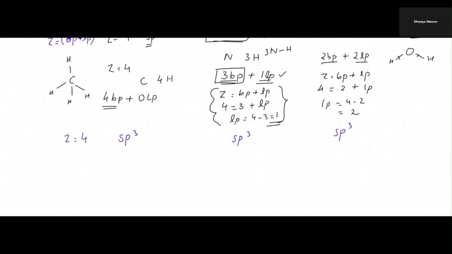Okay. And also, because the Z value is 4, the geometry is what? Geometry is tetrahedral for all of them.